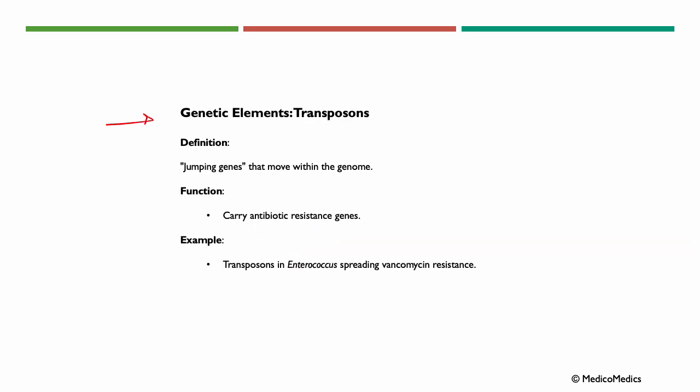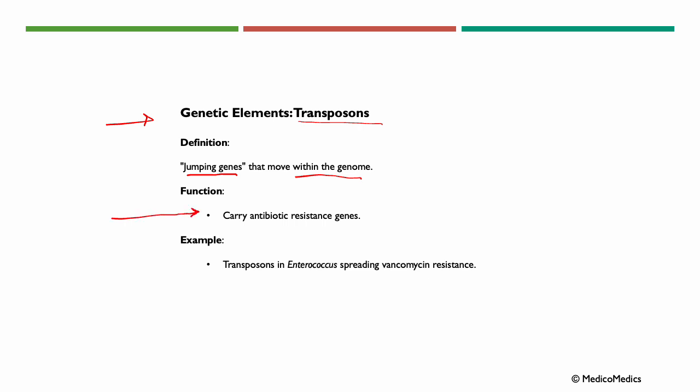Now, genetic elements: transposons. Transposons, also called jumping genes, are mobile genetic elements that can move from one location to another within the genome. Unlike plasmids, for example, they cannot replicate independently, but they can integrate into chromosomal DNA or plasmids.